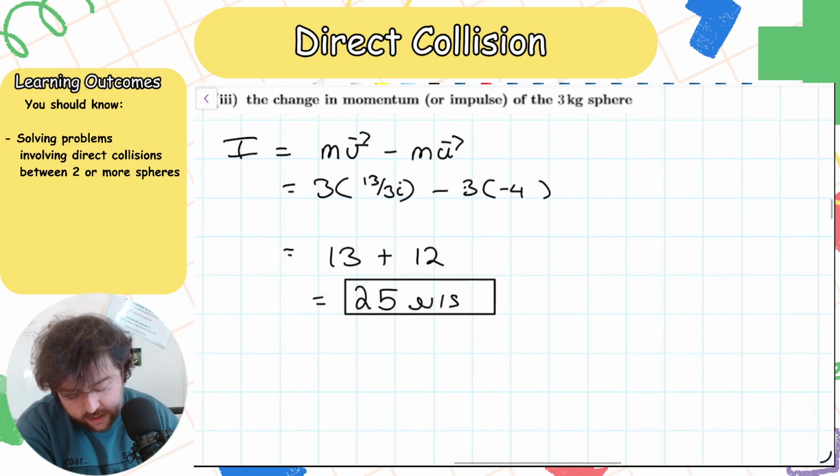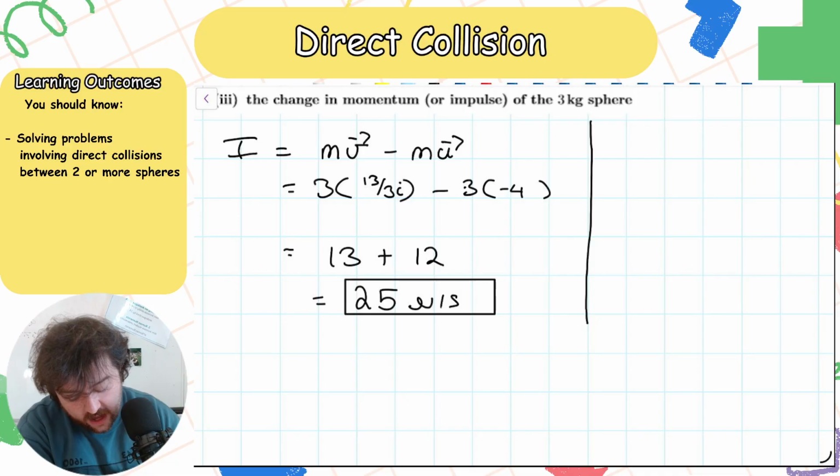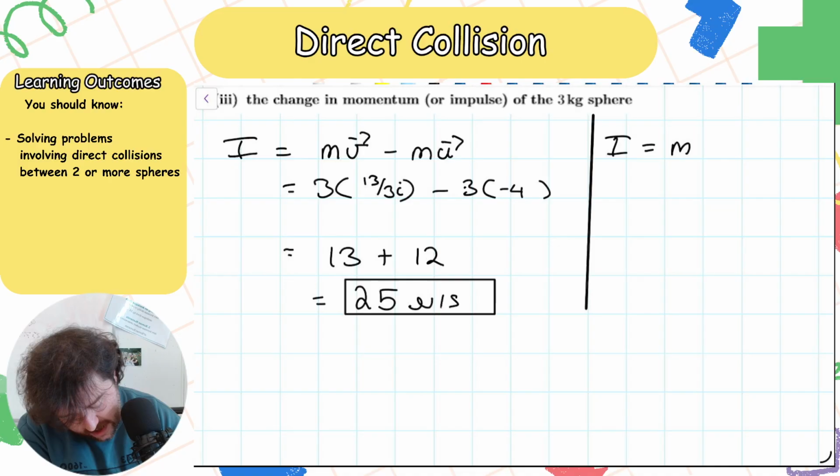And then what we should realize is that's the impulse on the 3 kg sphere. What about the 5 kg sphere? My 5 kg sphere should have an impulse of minus 25. So let's have a check here. So mv minus mu.